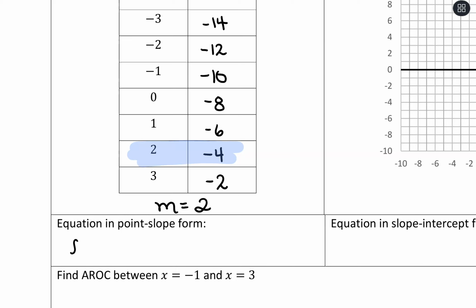So that means we would have f of t minus the output value, which is a -4, so that'll be a +4, equals 2, and then we'll have t minus, and then our t coordinate, so our input was a +2. And there's our point slope form.